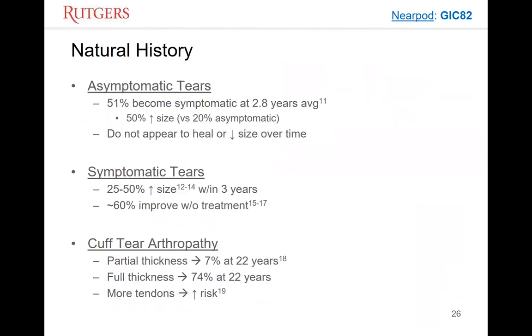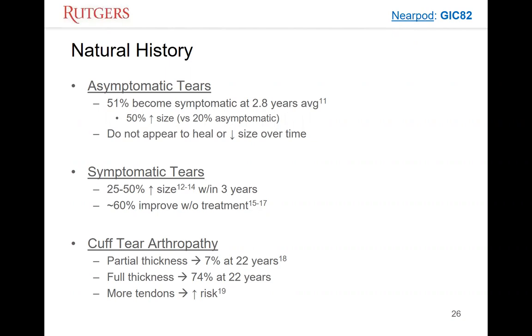In terms of the natural history of rotator cuff tears, this is extremely important in deciding how to treat them. Yamaguchi evaluated the contralateral shoulders of patients with symptomatic rotator cuff tears and found that over half of those who had asymptomatic tears at the time of initial evaluation went on to become symptomatic at an average of 3 years.